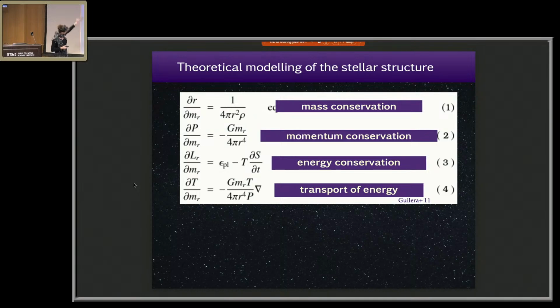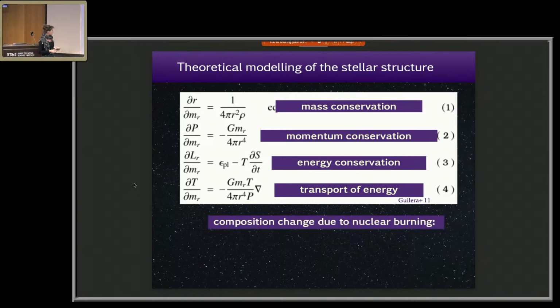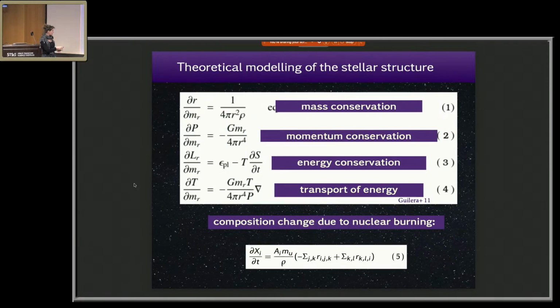Basically, based on these four differential equations, we can compute the structure of the star from the center out to the surface, the whole structure of the star in every point between the center and the surface. And then by changing the composition due to nuclear burning, which is done by this fifth set of equations, we can simulate the whole evolution of a star from birth to death.